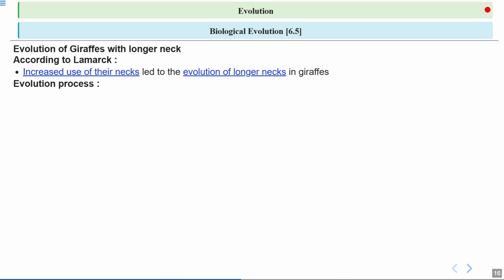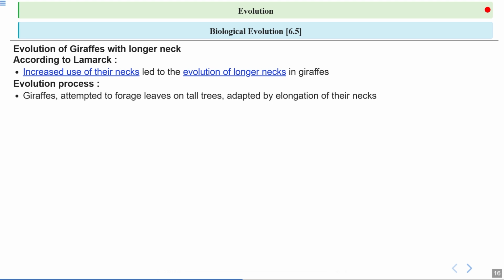How did this evolution occur? Giraffes attempted to forage leaves on tall trees, so they used to stretch their necks to forage the leaves on the tall tree. They were using a particular organ, stretching it, and this was passed on to the next generation.